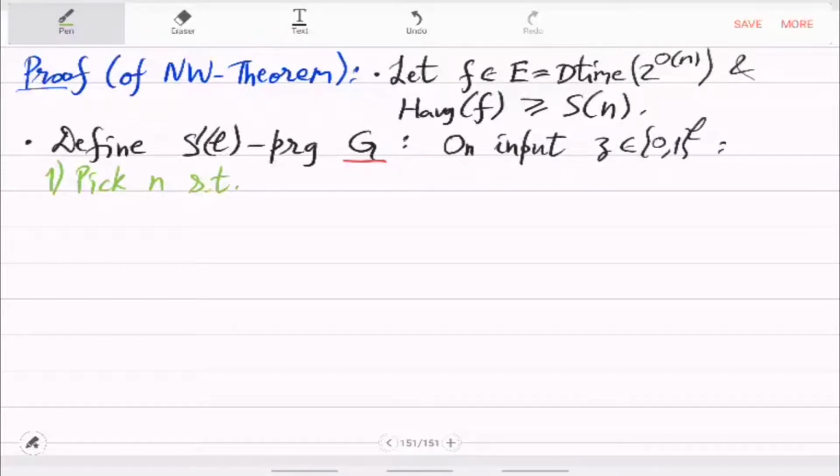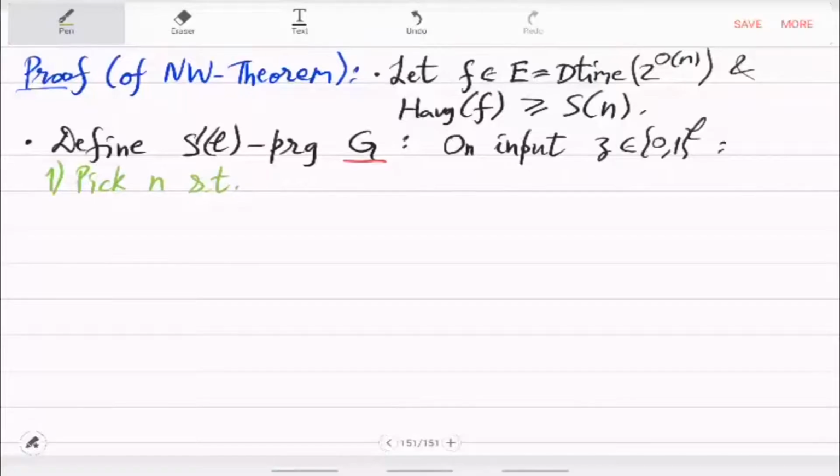So you want L to be slightly quadratic, around quadratic of n. Okay, so pick an n like that. So don't worry about these parameters. So take it to be this.